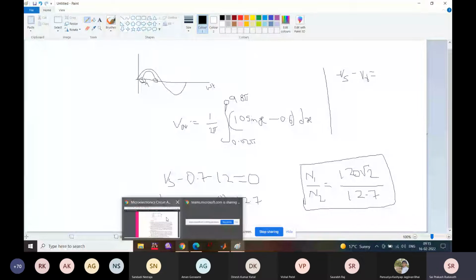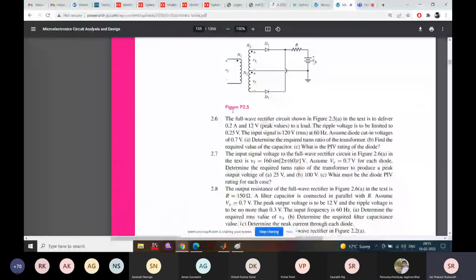At which point are you getting that? Here, this one. Sir, when D1 will be conducting, it will be Vs minus V gamma, and when D2 will be conducting, it's minus Vs minus V gamma.